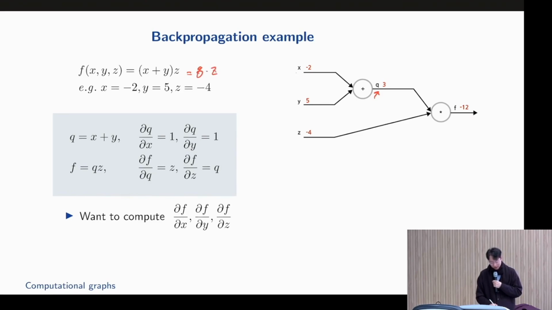And the derivative of q with respect to x and y is 1. And f now is q times z. The derivative of f with respect to q is z, and the derivative of f with respect to z is q. And we want to compute the gradient of the output with respect to all the inputs. That's all we want.